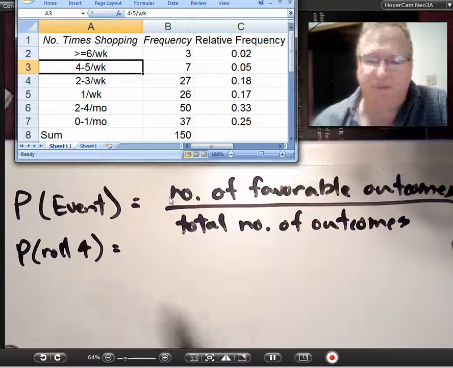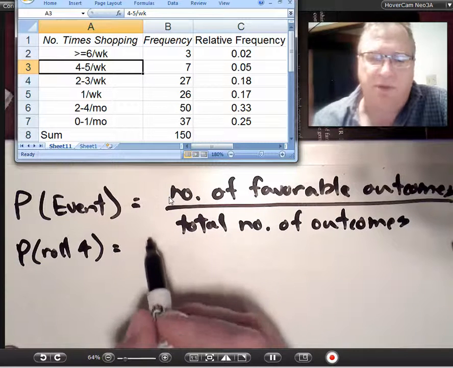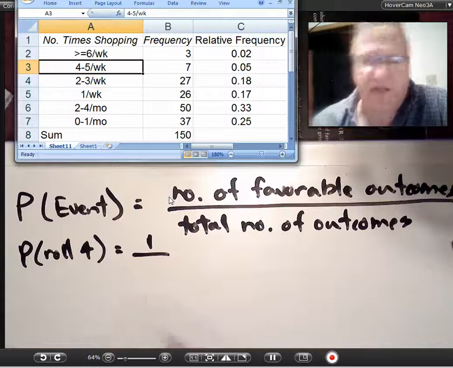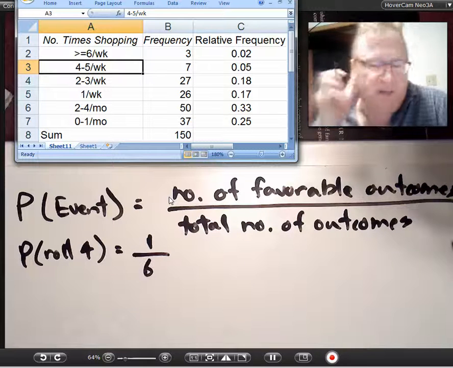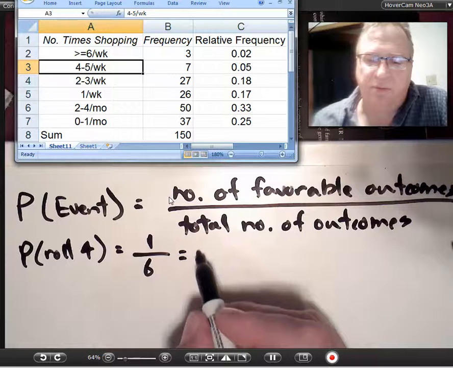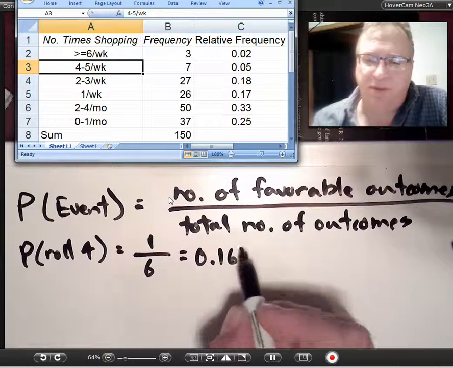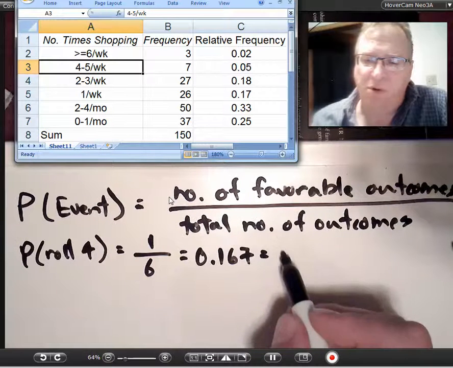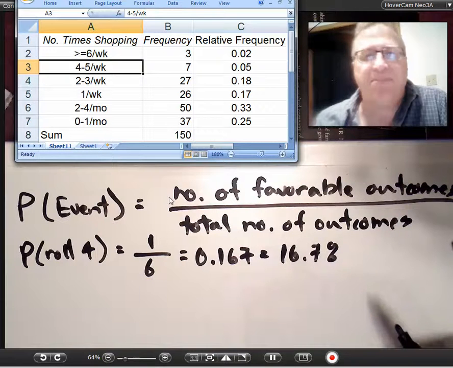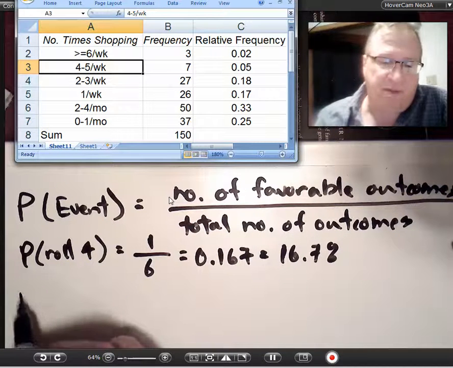If I'm looking for a 4, there's only 1 outcome. What's the total number of outcomes that can occur? Well, on a die, that's 6. That's equal to 0.167, or 16.7%.